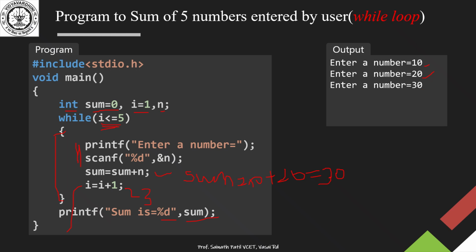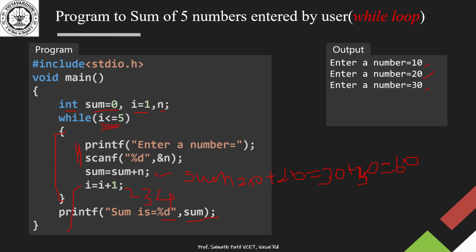So the third number will be entered by the user, that is 30, which will get added to the previous sum, sum is equal to sum plus n. Sorry, 30 will be added to the previous sum 30. 60 will be the new sum. Then i will become 4.